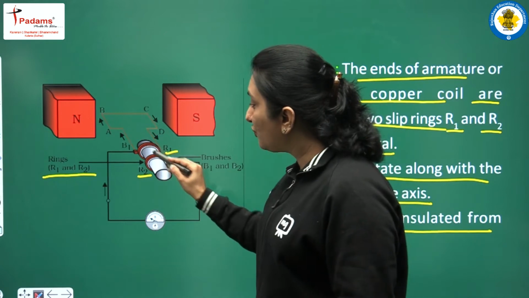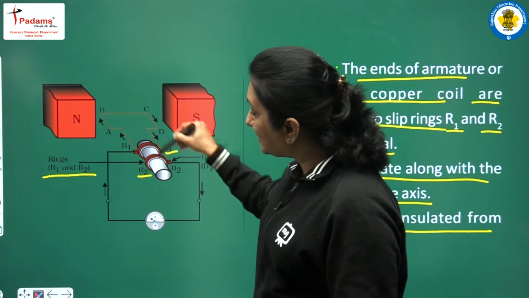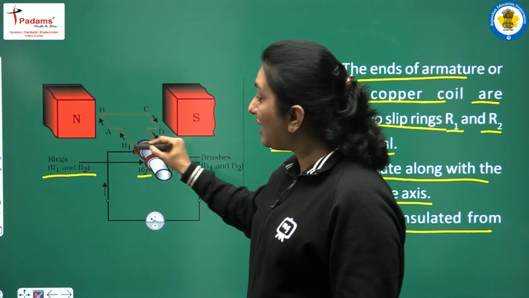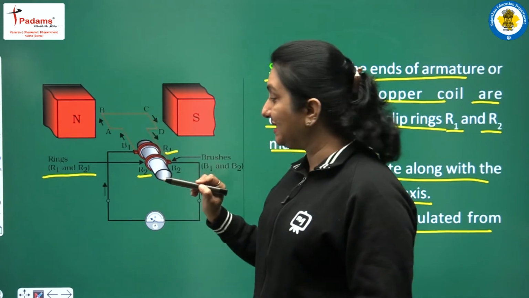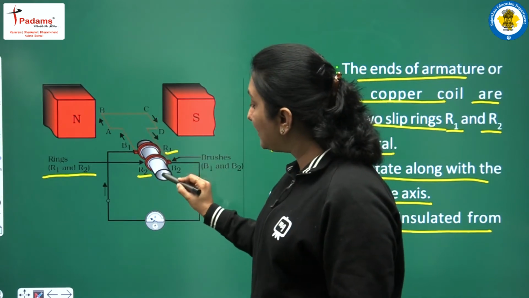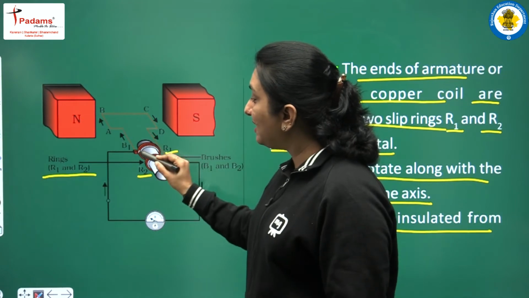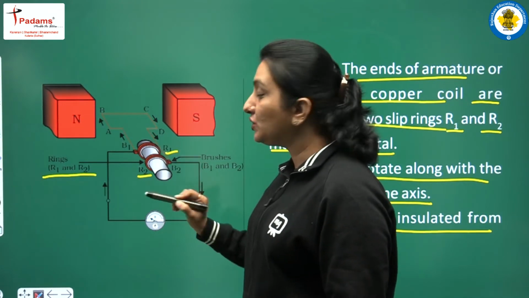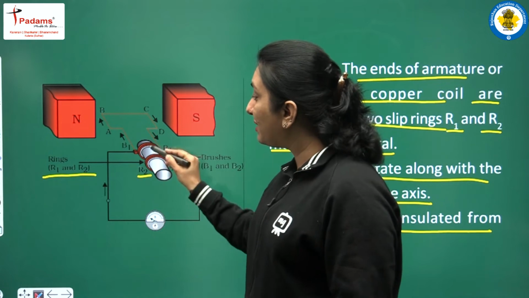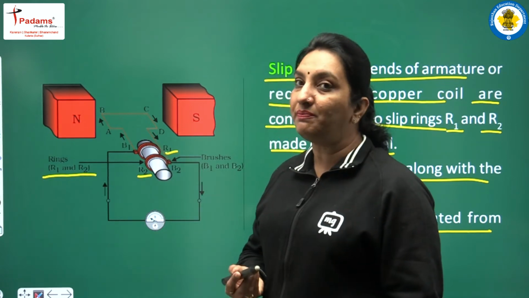Now, these two rings have the same axis as that of the armature coil ABCD. So, now here you can see this is the axle, and on this axle we have mounted these two slip rings, and these slip rings are insulated from each other.